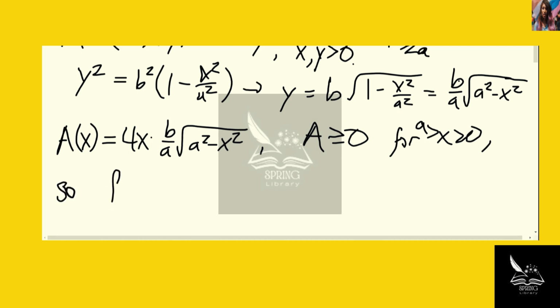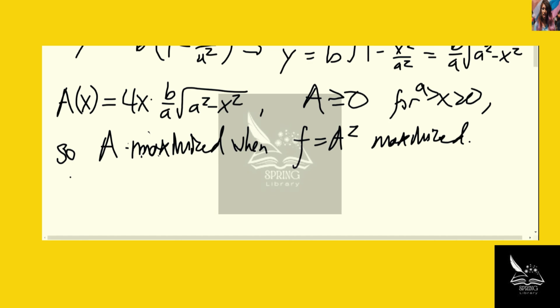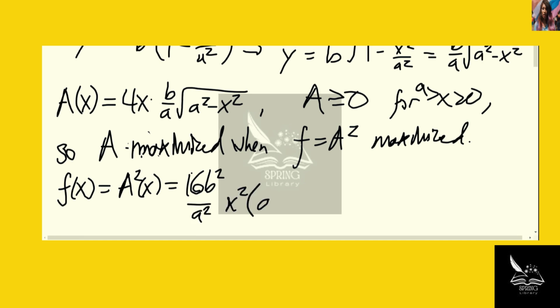So it follows that the function A is maximized when the function f, which is A squared, is maximized. So f as a function of x, this is A squared of x, which is 16b squared over a squared x squared times a squared minus x squared.